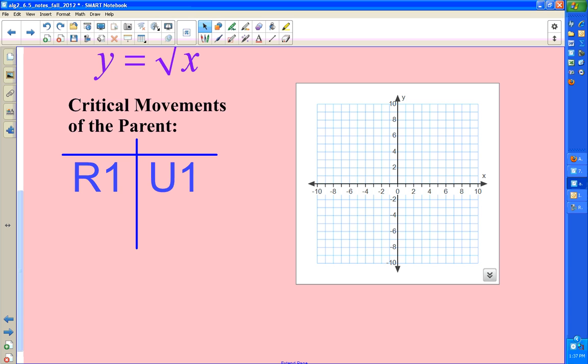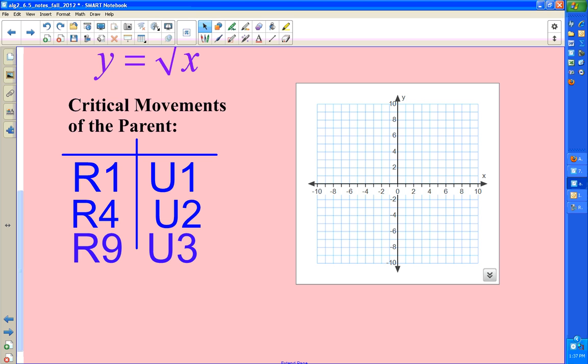So right 1 up 1, right 4 up 2, right 9 up 3. Now you're welcome to go right 2, but then you have to remember up 1.414. Why would you want to remember decimals? You could go right 3, then you'd have to remember the square root of 3. What is that?